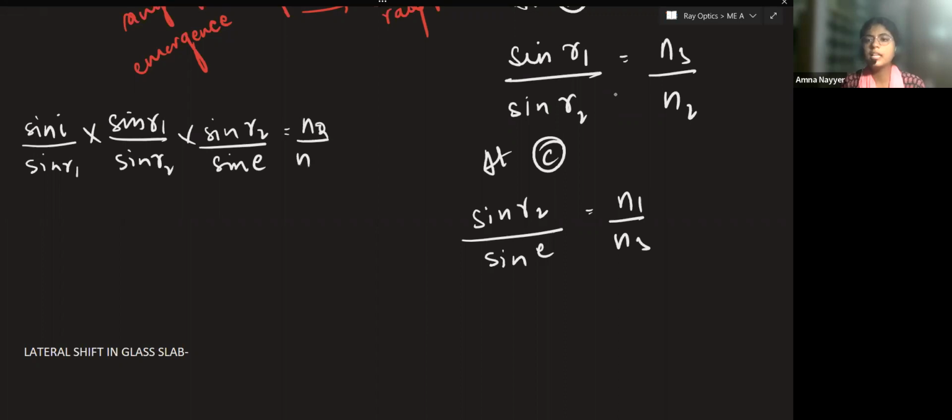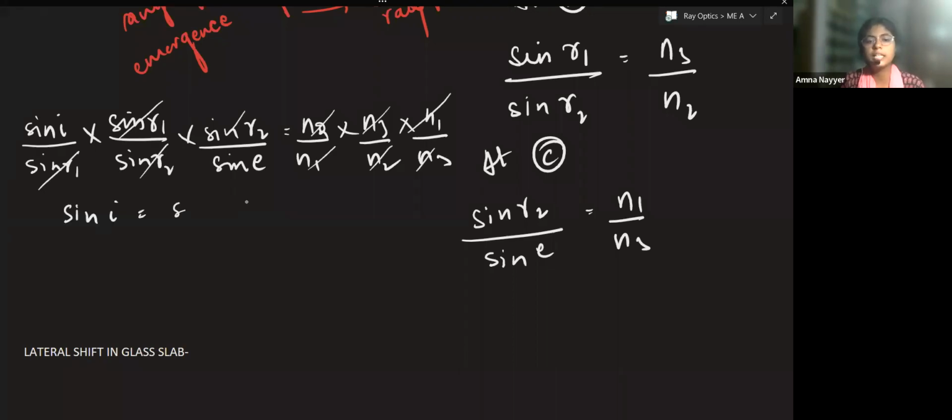N2 by N1 multiplied by N3 by N2 multiplied by N1 by N3. See, sine R1 got cancelled. Sine R2 got cancelled. N2, N2, N3, N3, N1, N1. What are we left with? Sine i is equal to sine E.